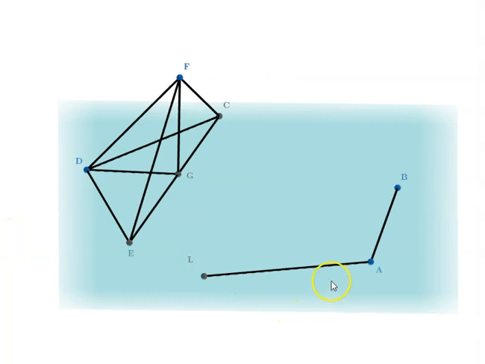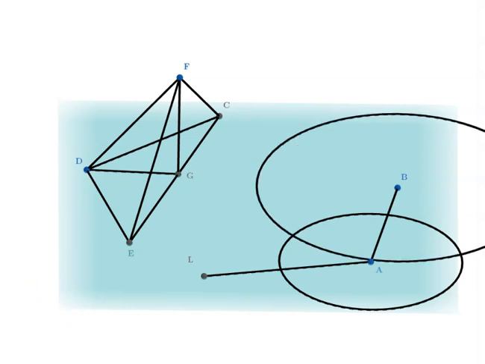Now the next thing that we do is copy the angle EDG to A on AB. So same process. Center at A, radius as DG, center at B and radius as GE. Take the point of intersection.